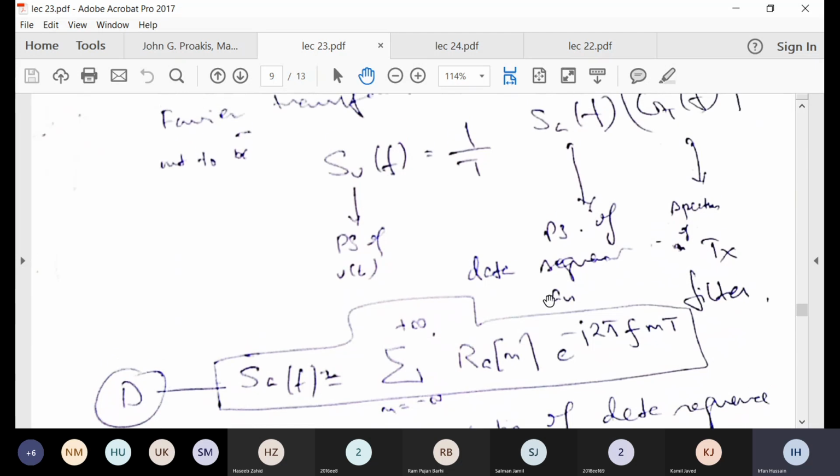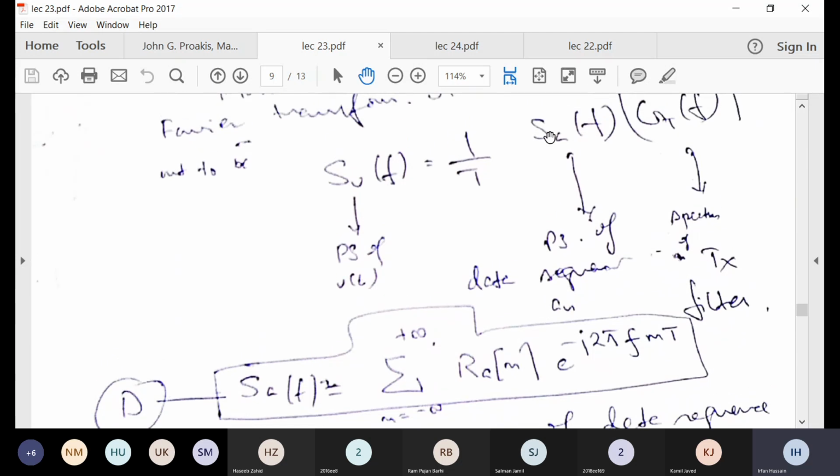First of all, what is the PSD of the sequence? The PSD will be equal to the Fourier transform of the autocorrelation of the sequence.